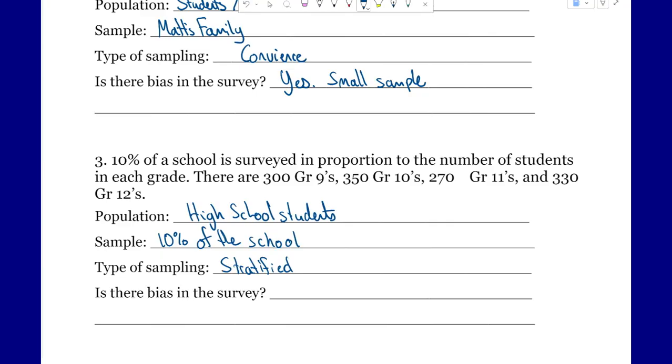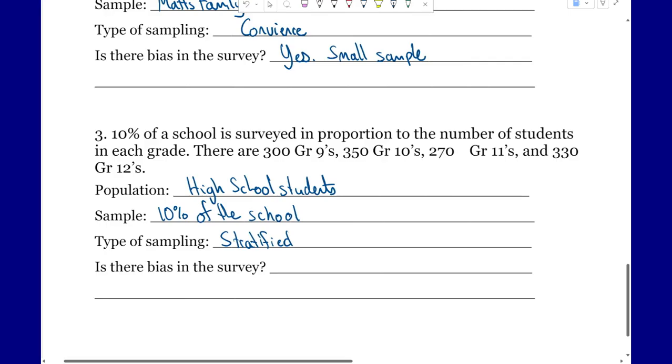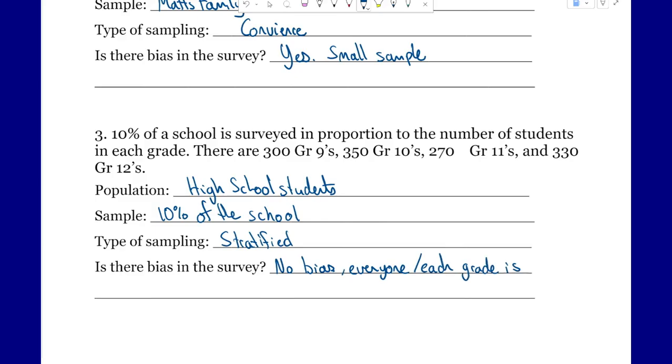Is there bias in this survey? Now, you might argue that you're only asking certain people, and we don't know who's being picked. We can assume that we're randomly sampling once we know how many students from each grade we'd be taking. So in this case, I would say that there's no bias, because at least each grade is fairly represented.